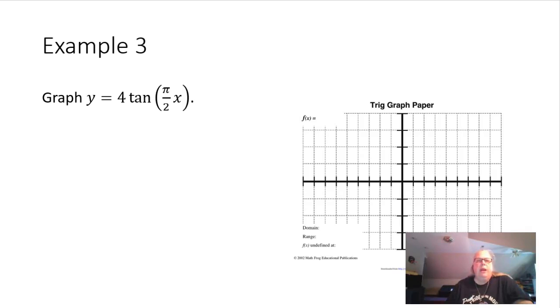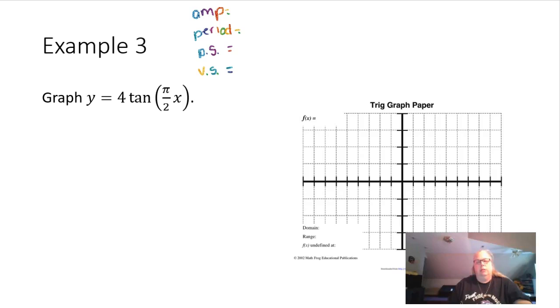Example 3, graph y is equal to 4 times the tangent of pi over 2 times x. Go over here and pick out my amplitude and my period and the phase shift and the vertical shift to graph these.